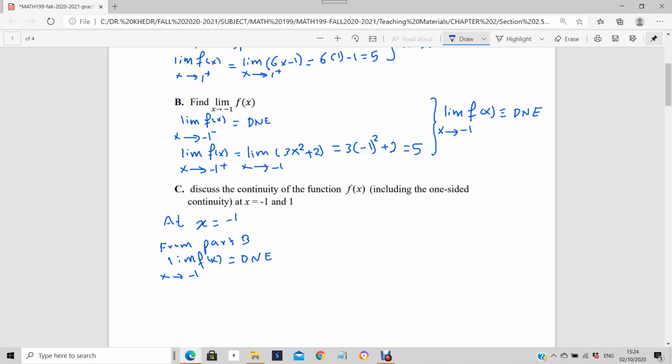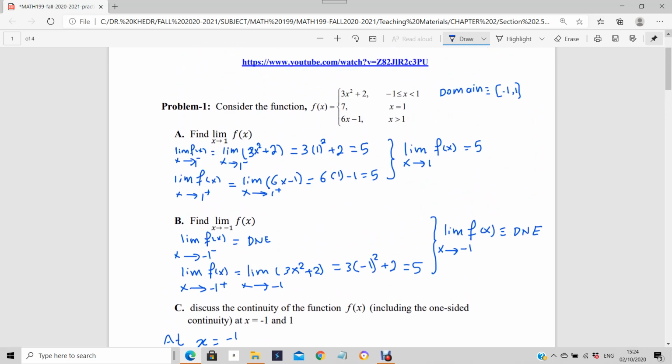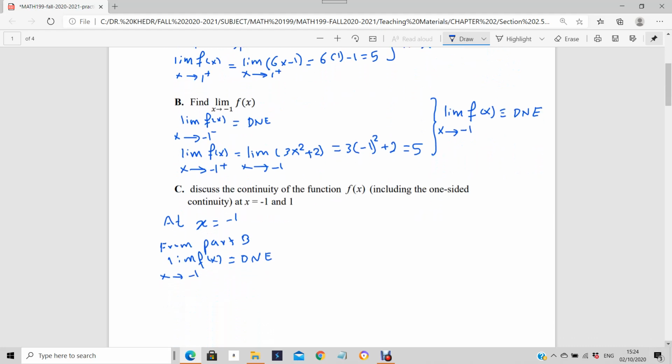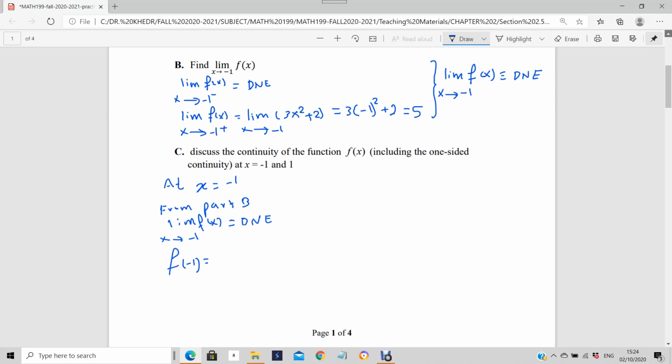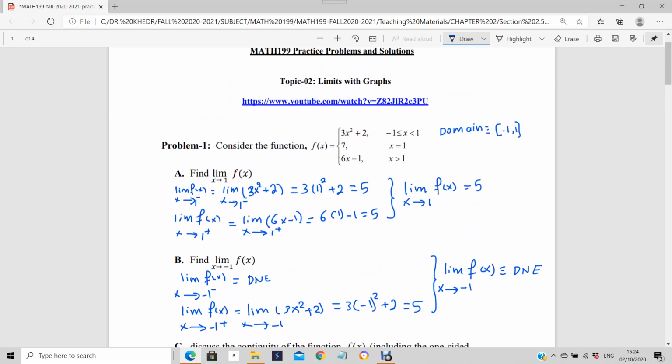But since minus 1 is an endpoint, the two-sided limit does not exist. Let's see the value of the function f of minus 1. What is f of minus 1? See, the function is defined at x equals minus 1, and we have to follow this formula because there is an equal sign.